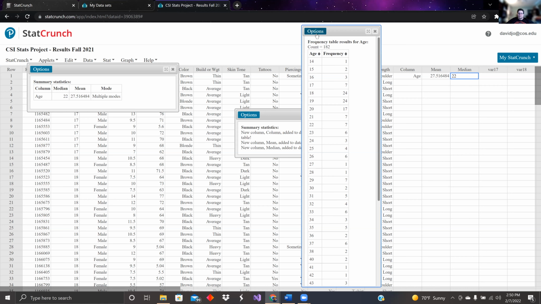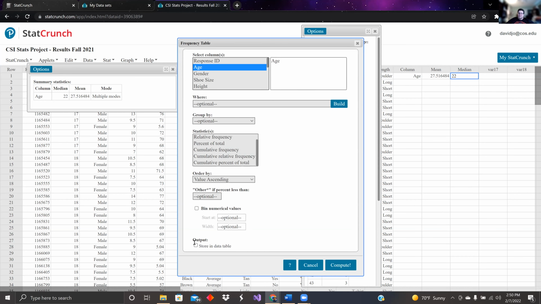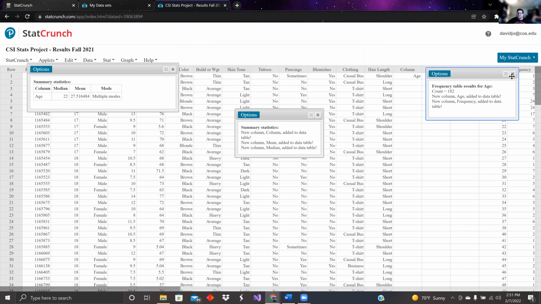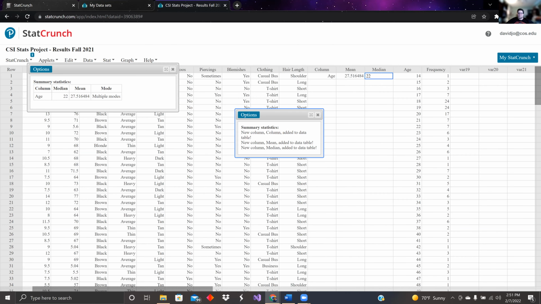I think it's even available with the frequency. It is. You can store the frequency in a data table as well. I do not want to turn on binning. So it stores the results over there. So oftentimes when you get results, if you want to store them, you can get it stored.